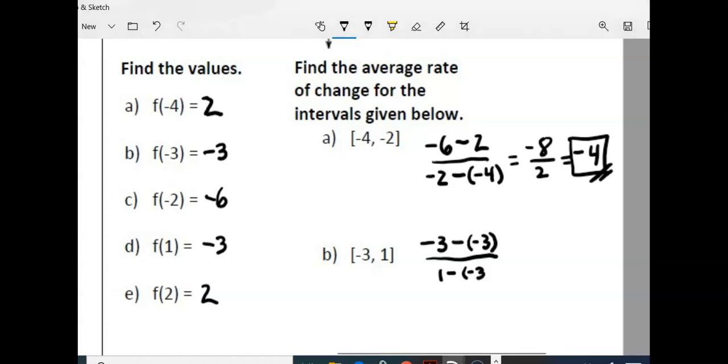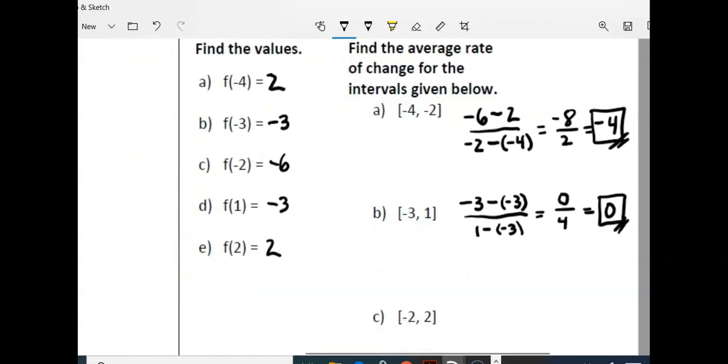So negative 3 minus a negative 3, that's the same as negative 3 plus 3, which is 0, over 1 plus 1 minus negative 3, again plus 3, that's 4. 0 divided by 4 is 0. And so the average rate of change between those 2 points would be 0.